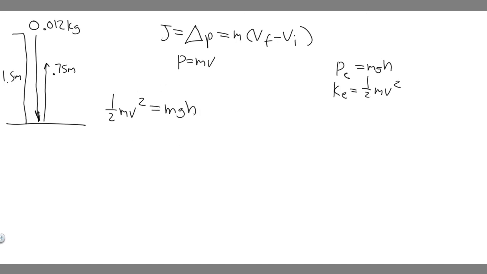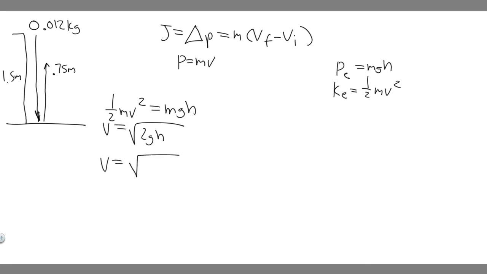The reason is that the potential energy on the landing side cancels, since the height there is zero, and the kinetic energy on the starting side goes away because we're starting from rest. If you solve for v, you get v equals the square root of 2gh. The masses cancel, and then you multiply both sides by 2 and take the square root.